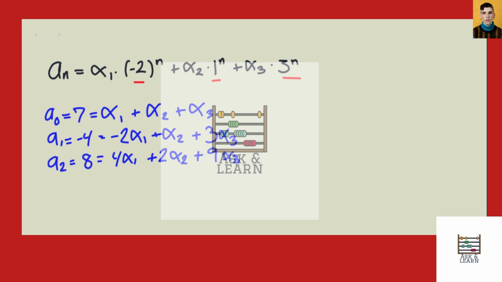And so we're going to first start by subtracting the first equation from the second and the first equation from the third. So we're taking a_1 minus a_0, and that will give us negative 11 is equal to negative 3 alpha 1 plus 2 alpha 3.